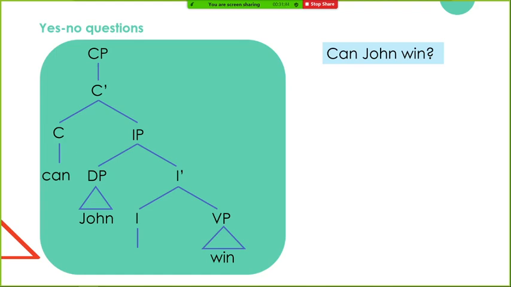Now we know that the subject is in the first position inside the IP, so the position in front of the subject has got to be outside of the IP, and we know that the element that sits in the position right in front of the IP outside of it is the complementizer. So therefore it seems as though this kind of inversion could be analysed as movement from the inflection position into the complementizer position.